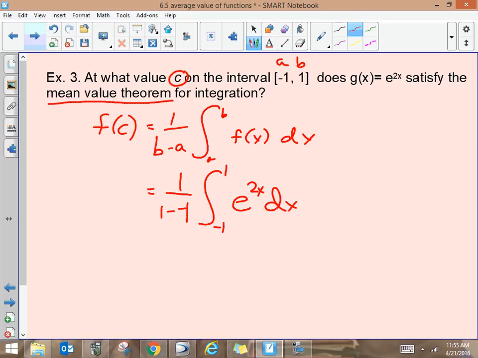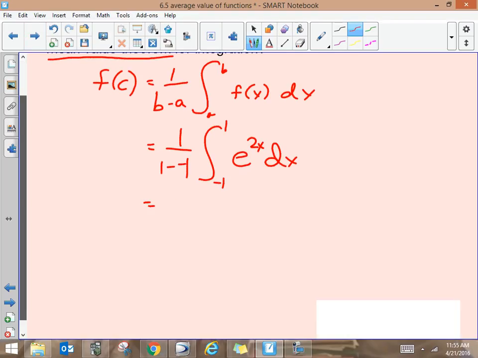I don't really expect you to know what e to the 2x looks like exactly, so we can do that here in a minute. Just kind of make a visual with it. What's 1 minus a -1? 2. All right. Okay. Go ahead and integrate that without your calculator. We're involved in the last one.